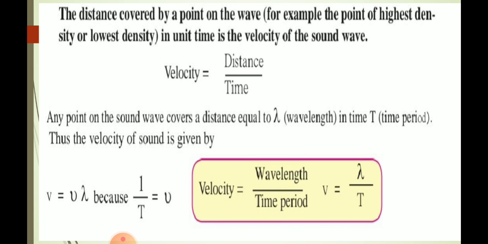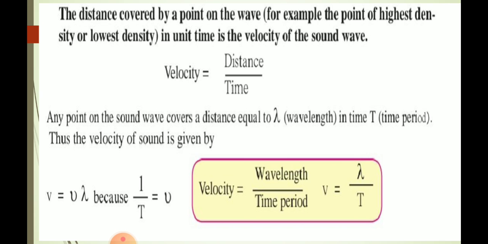That means if time is less, frequency is more, and if frequency is less, time taken is more. Here also the same thing applies. If frequency is more, time taken is less, that means within a short time many waves are formed.